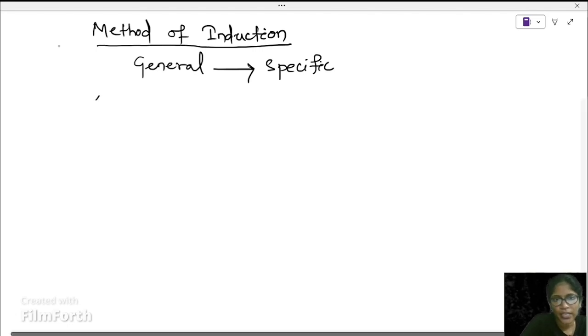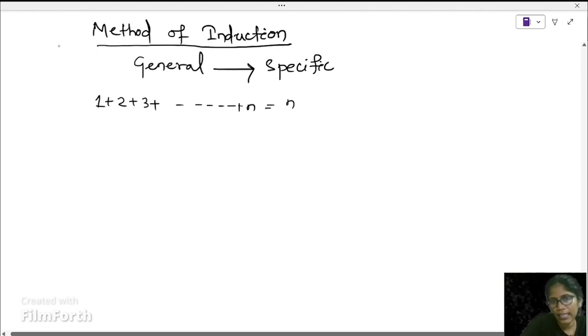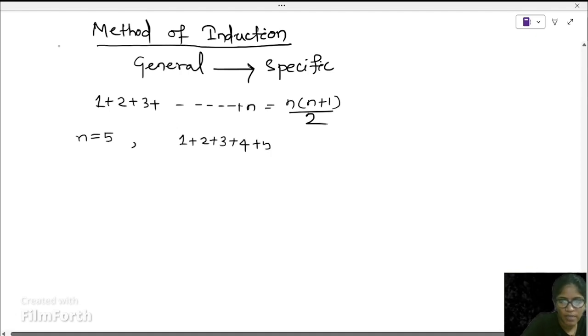When we add 1 plus 2 plus 3 plus up to n, the result is n into n plus 1 by 2. Let's check by this formula. In place of n, putting n is equal to 5, we get 1 plus 2 plus 3 plus 4 plus 5. That means 5 plus 4 is 9, 3 makes 12, 2 makes 14, 1 makes 15.